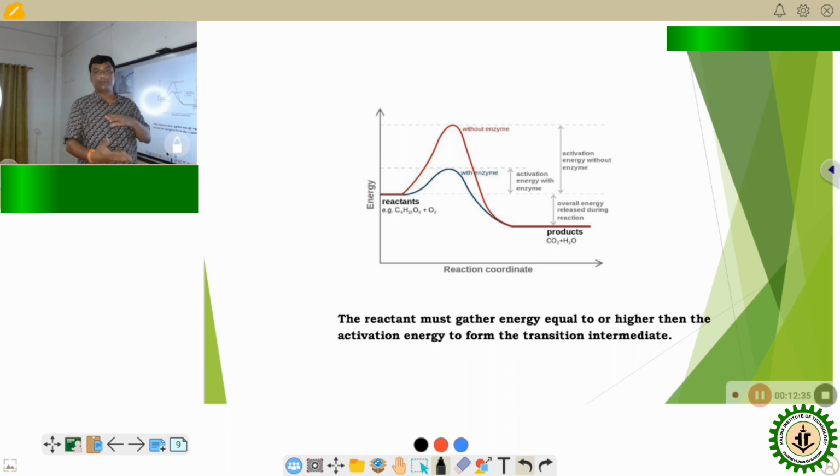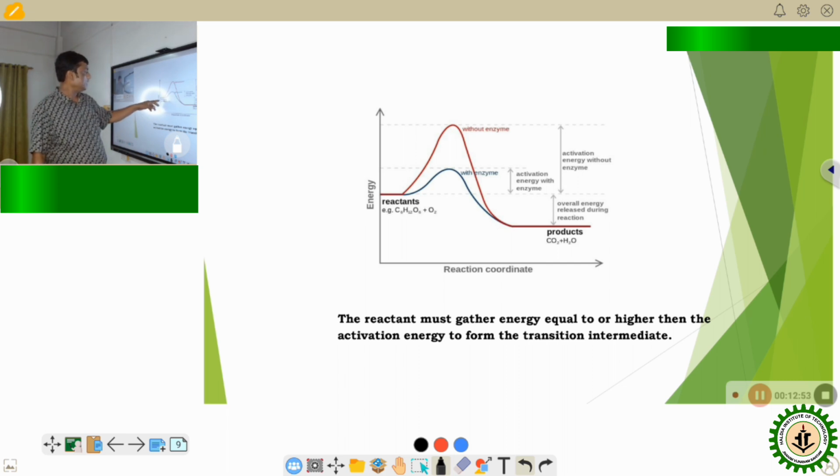For that we have to increase its internal energy, its degrees of freedom. As the free energy increases, the rate of collision with the substrate increases, and if the rate of collision increases, the rate of production of product also increases.